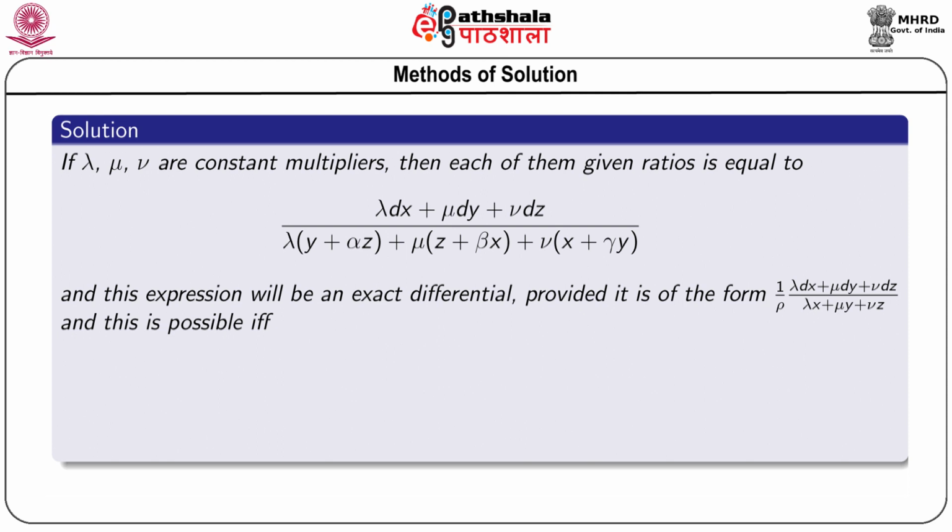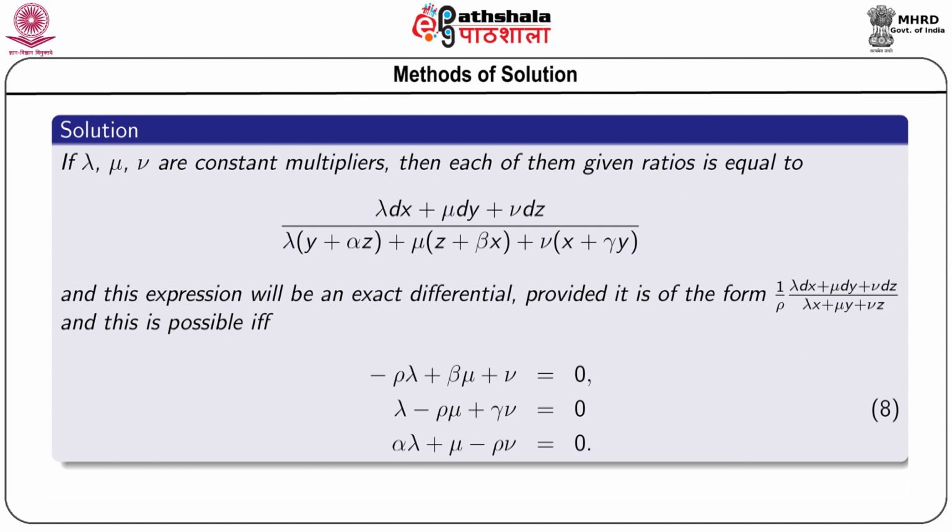That means this expression can be written in the form 1 by rho, lambda dx plus mu dy plus nu dz divided by lambda x plus mu y plus nu z. Now, the previous expression and this expression will be equivalent if and only if in the numerator these two expressions are the same, but in the denominator, to make the equivalent relation, the coefficients of x, that means beta mu plus nu, must be proportional to lambda rho.